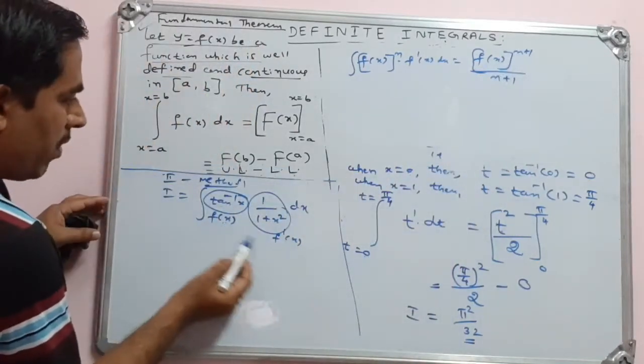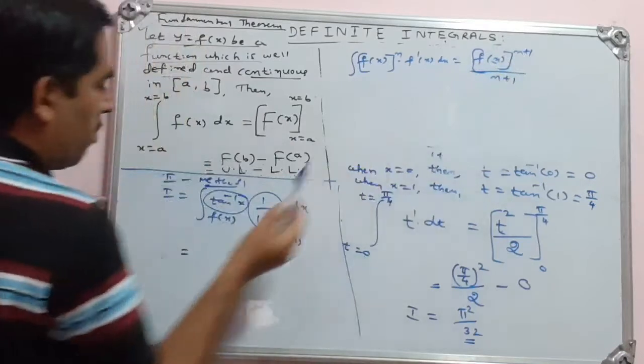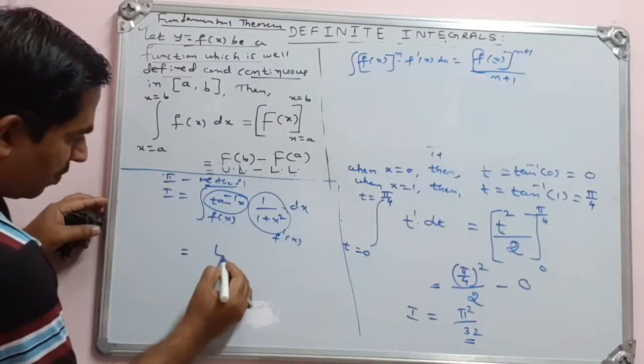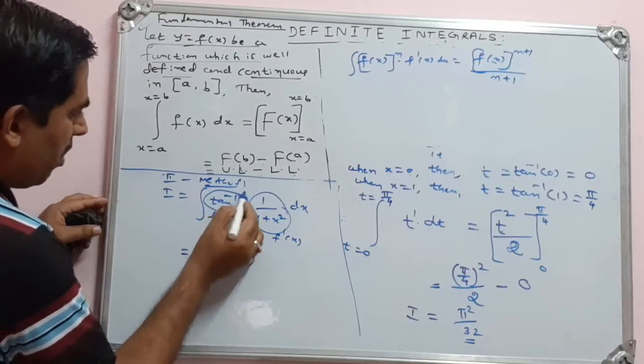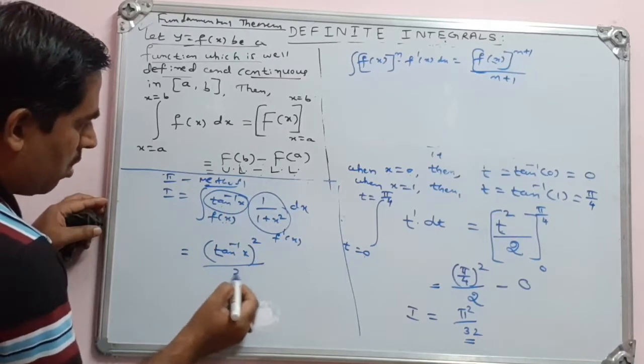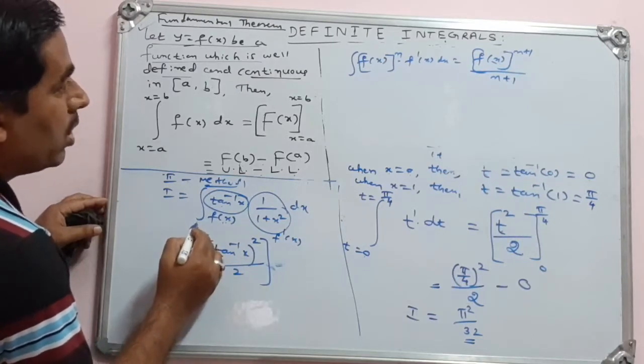What is my function? Tan inverse x. So tan inverse x whole to the power of 1 plus 1, that is 2, divided by 2. Don't write the constant here.